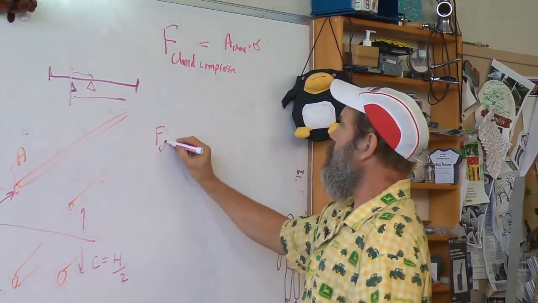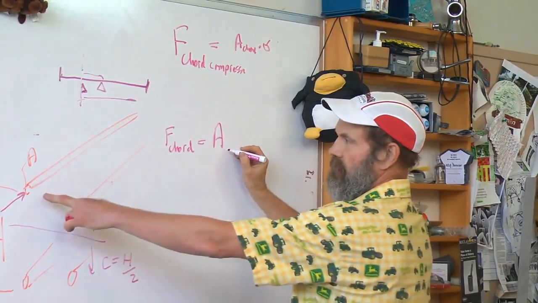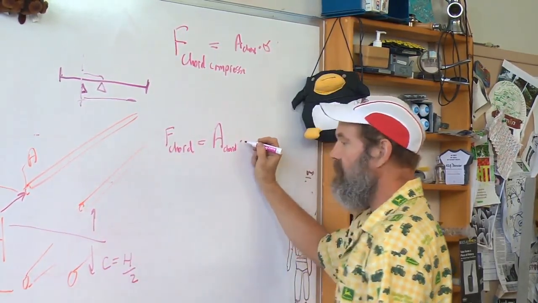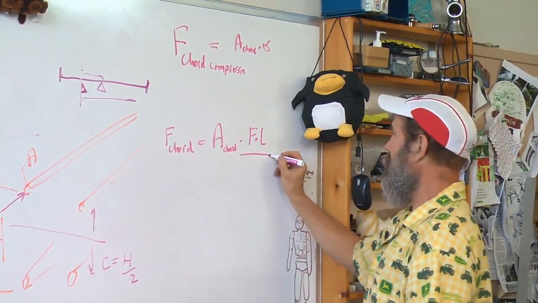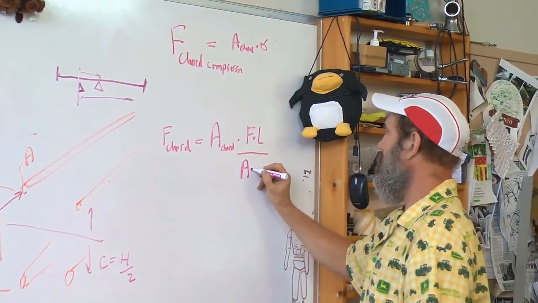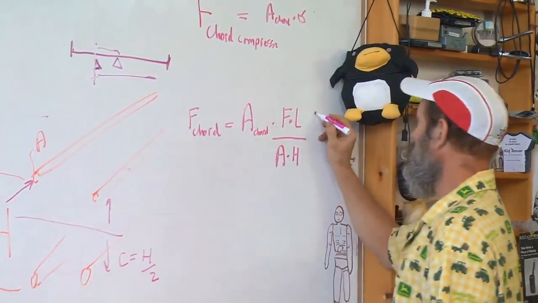The force in the chord equals the area of that chord member times the stress, which was the force times the length divided by the area times the height over 2.